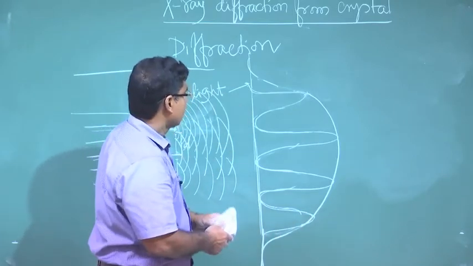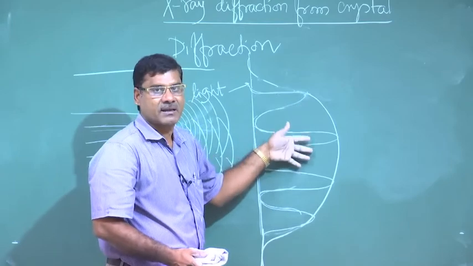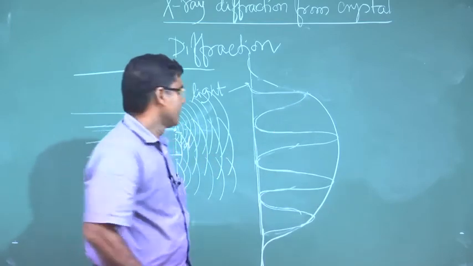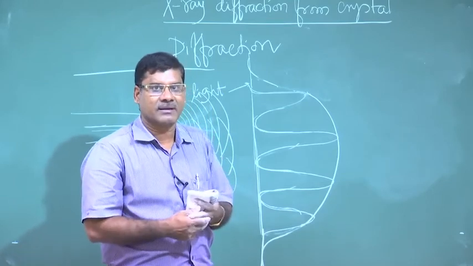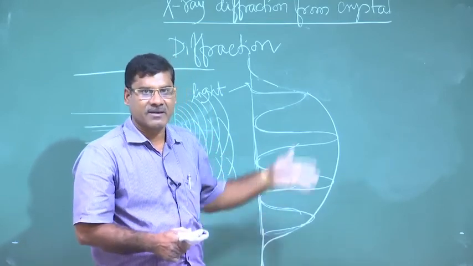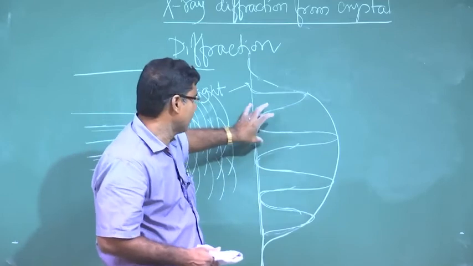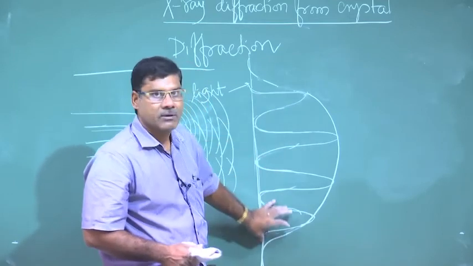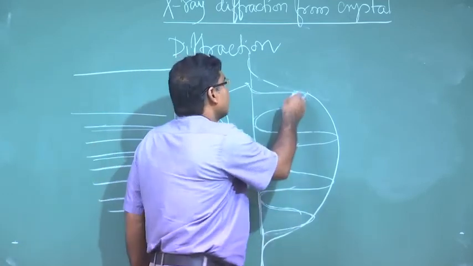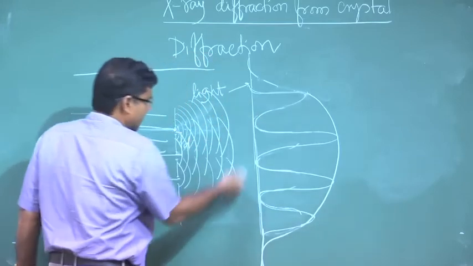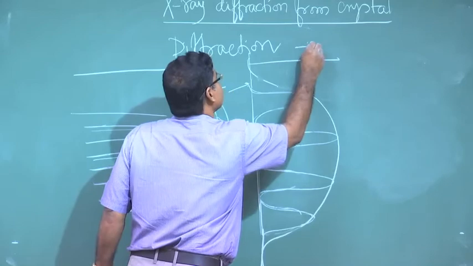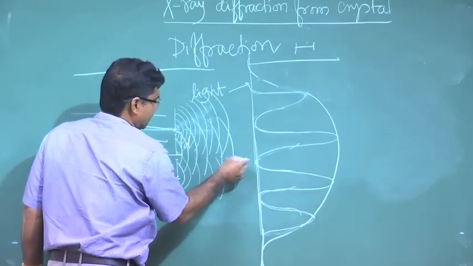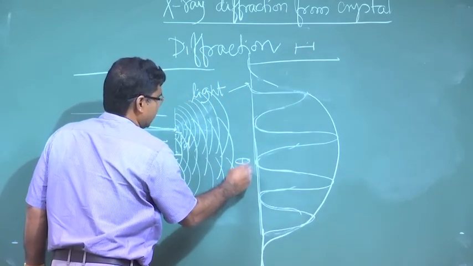These peaks we call principal maxima. They are equivalent to the interference bright peaks, and they are equi-spaced. Why do we get this? In the picture I have drawn, this is the intensity versus the angle theta.